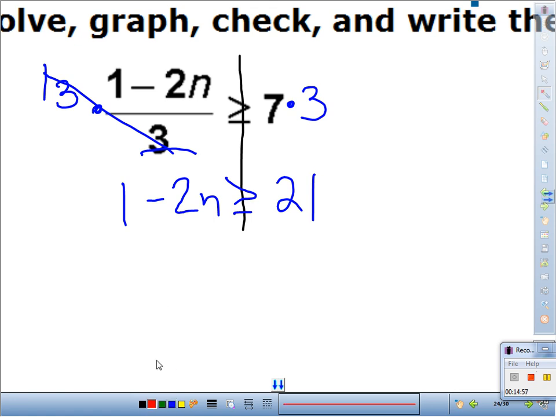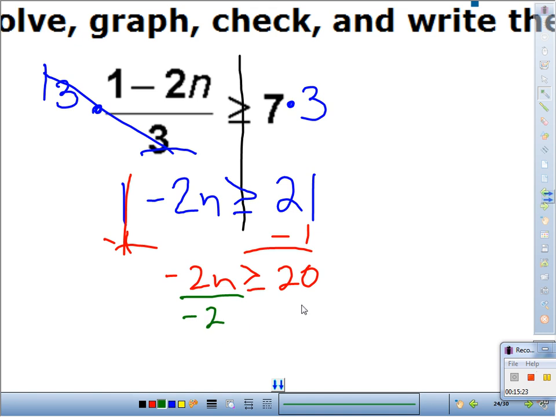Jesus, continue. Minus 1. Minus 1, negative 2n greater than or equal to 20. Continue, Jesse. And then you divide it. Divide by negative 2. Divide by negative 2. Tell me what you write. First, finish it.